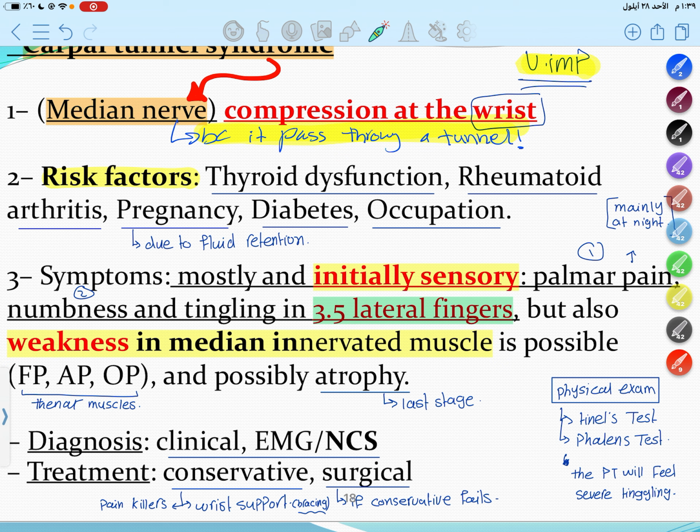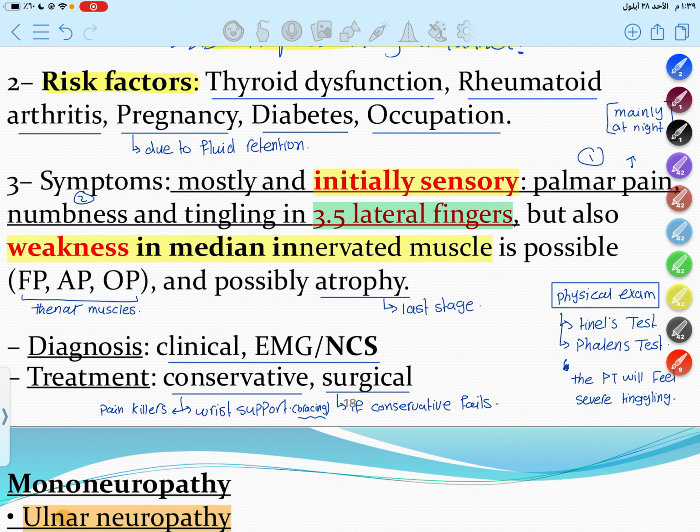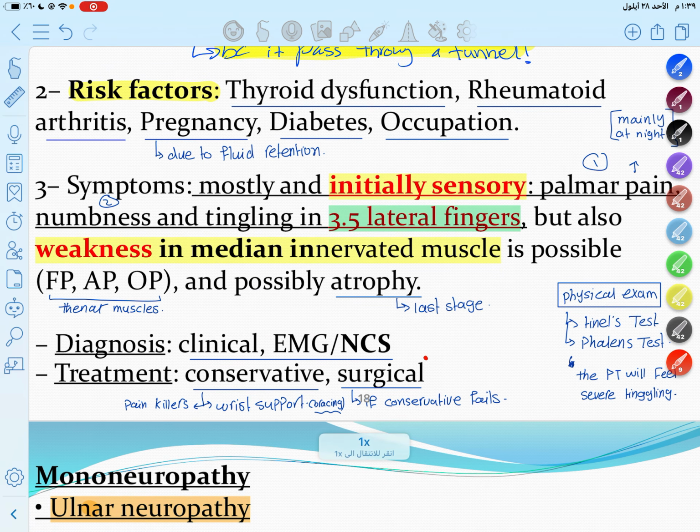Of course, the diagnosis is clinical from the history and by doing EMG and nerve conduction. The nerve conduction here is very important. Number one, it is diagnostic, because you measure the sensory velocity in the median nerve between 2 points.